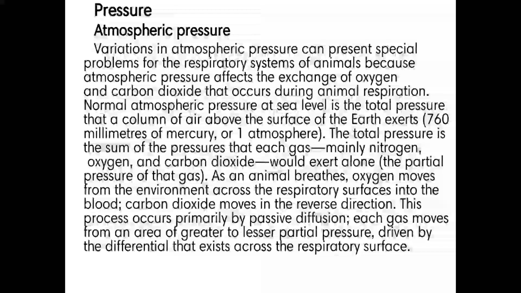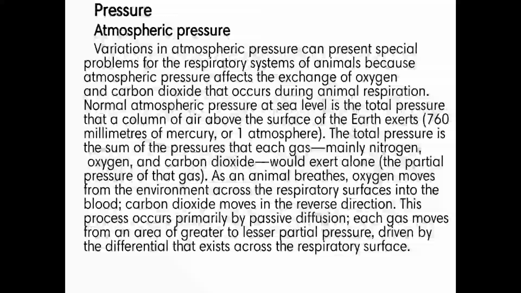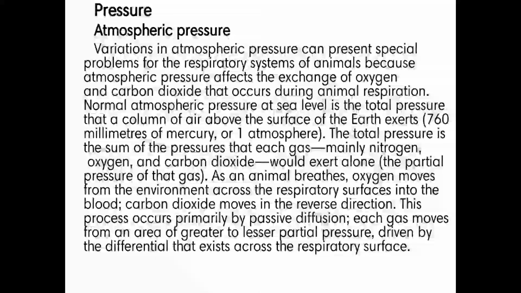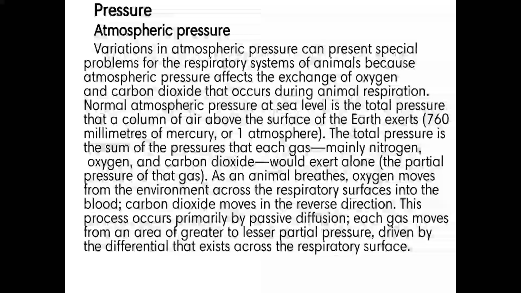The total pressure is the sum of the pressures that each gas, mainly nitrogen, oxygen, and carbon dioxide, would exert alone. As an animal breathes, oxygen moves from the environment across the respiratory surface into the blood. Carbon dioxide moves in the reverse direction.